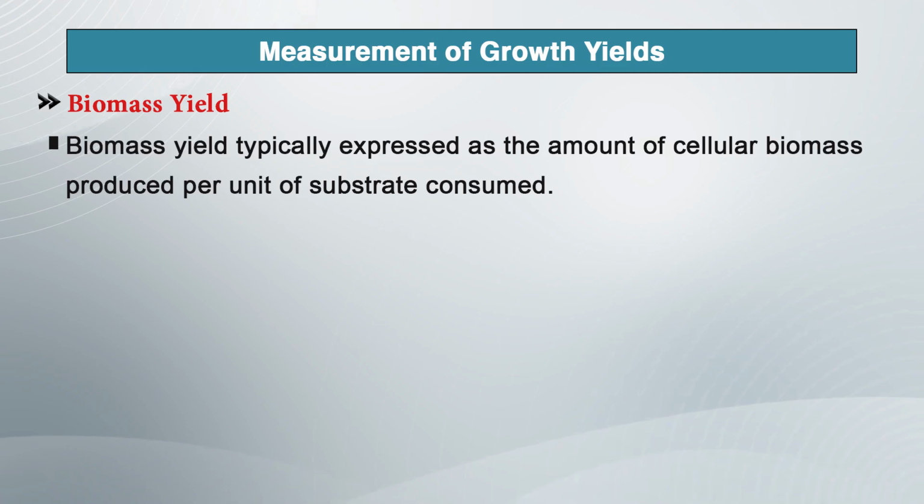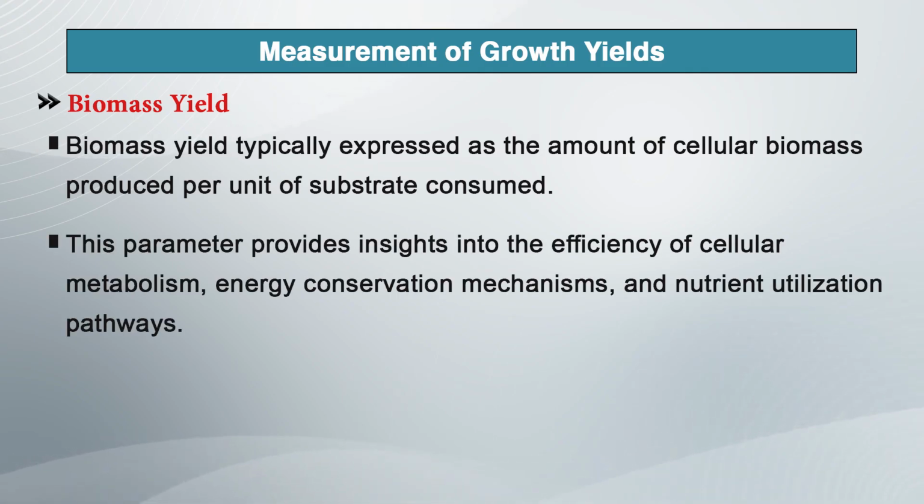So, this biomass yield is typically expressed as the amount of cellular biomass produced per unit of substrate consumed. So, this parameter provides insight into the efficiency of cellular metabolism, energy conservation mechanisms and nutrient utilization pathways.